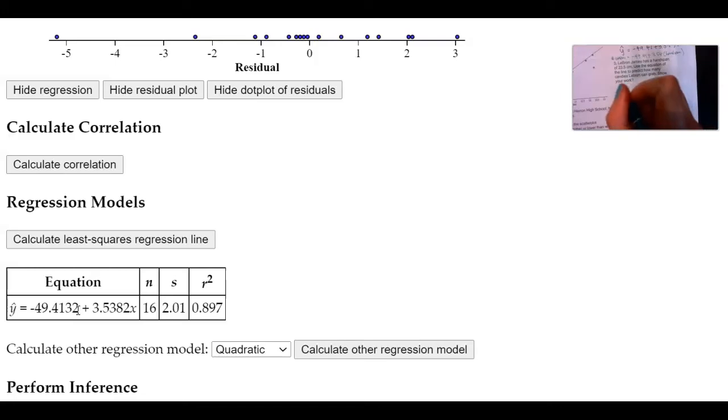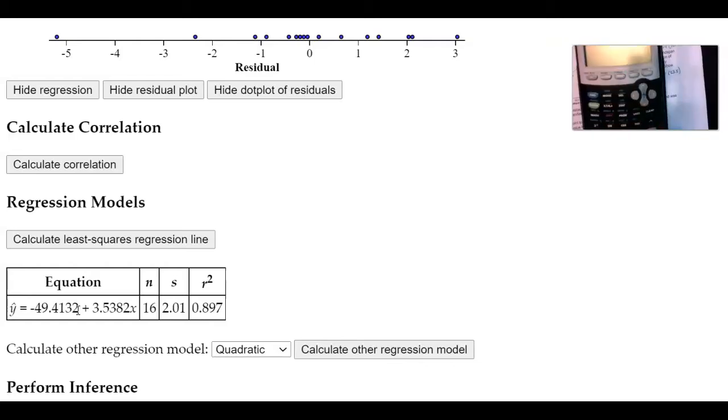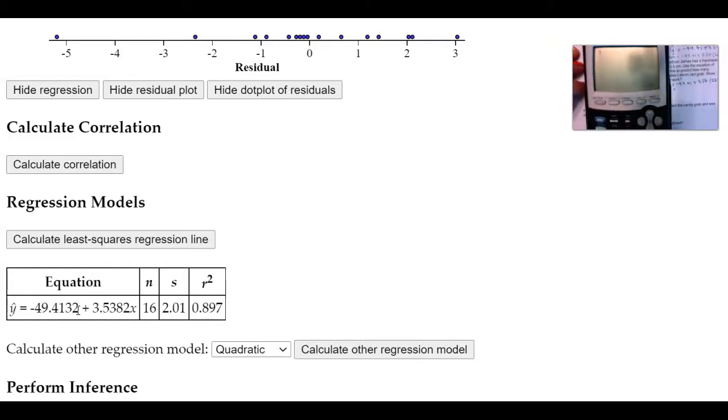So y is equal to negative 49.41 plus 3.54 times 23.5. Let's go ahead and plug it in our calculator: negative 49.41 plus 3.54 times 23.5.